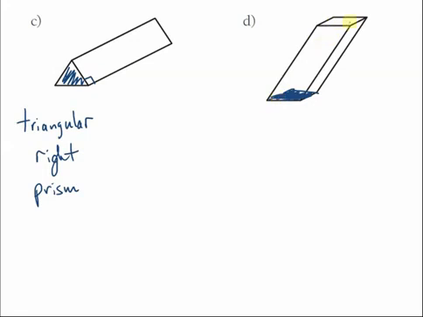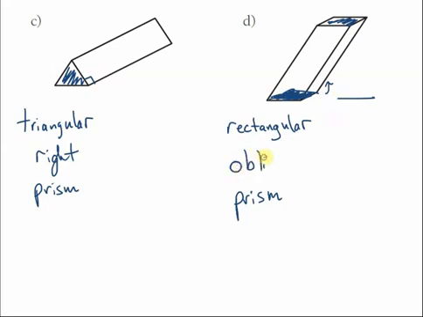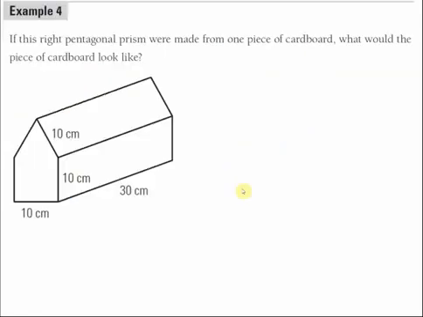If it's not all the same sides, we could at least call it a rectangular. Okay, here's the base as well. Rectangular, and it's a prism. But because of this weird slant, that it's not going up at 90 degrees, we call that oblique.